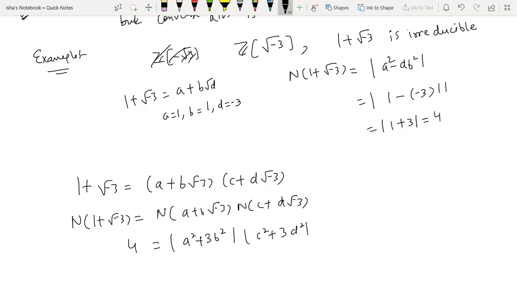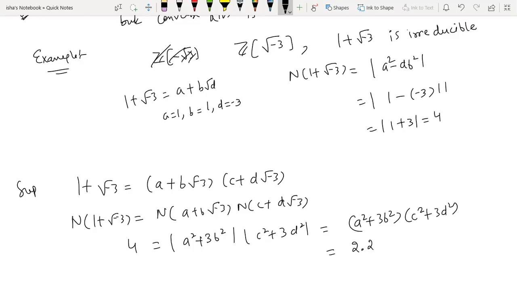So now 4 is equal to this product, because these numbers are positive, so I can write it like this. What are the possibilities for a square plus 3b square and c square plus 3d square? The product is turning out to be 4, which means it can be 2 into 2.